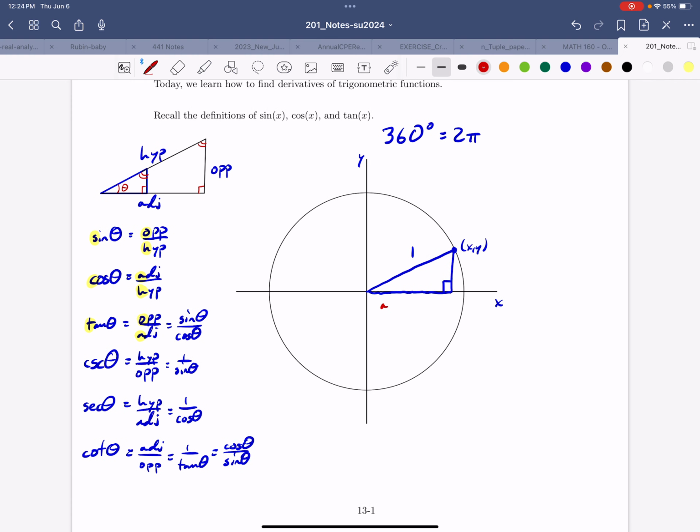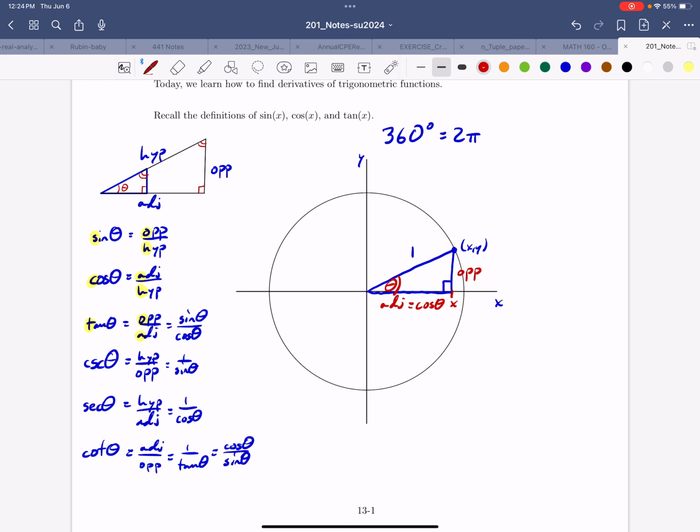And I hope we all see that this is the adjacent side length, however long this is. And that's also just, by definition, x. Well, cosine is adjacent over hypotenuse, but wait a minute, the hypotenuse is 1. So the adjacent length equals cosine of this angle, theta. And that can also be thought of as the x-coordinate.